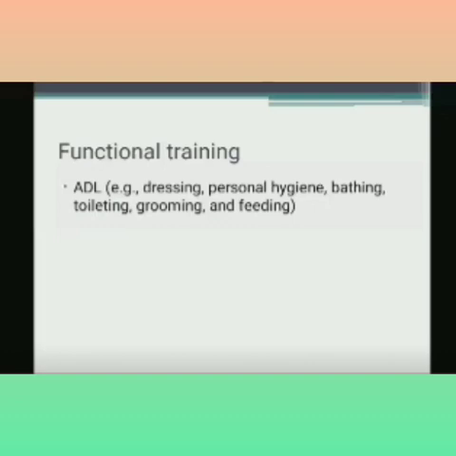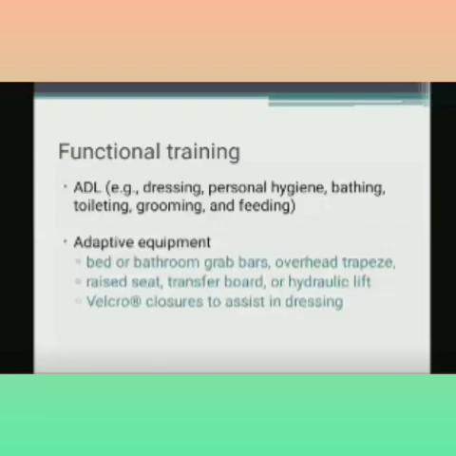How to feed them, or how they can eat the food by themselves. All those activities you have to teach them. Sometimes they cannot do it due to the impairment and the disability they already have. For that, you need to advise some adaptive equipment, like the different names mentioned there. You can see.